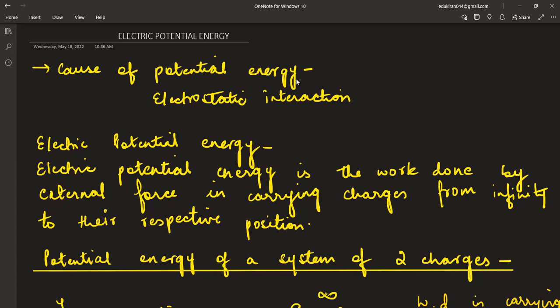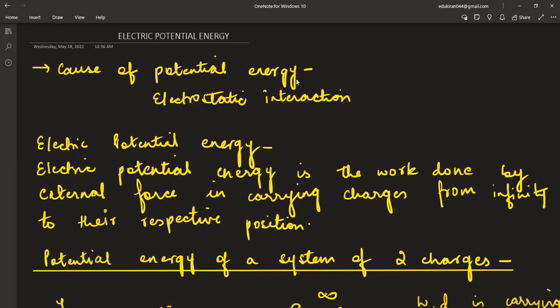Let me give you an example. You must have done the lesson on gravitation, in your 11th class, first book, chapter 8. In gravitation also, two masses were present.